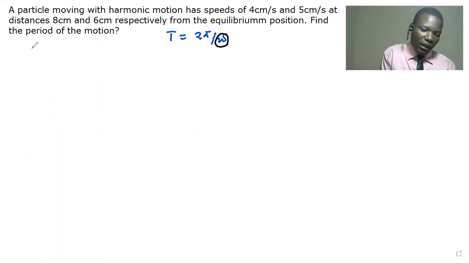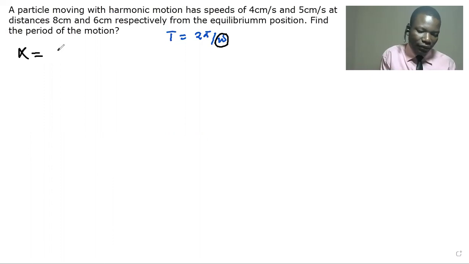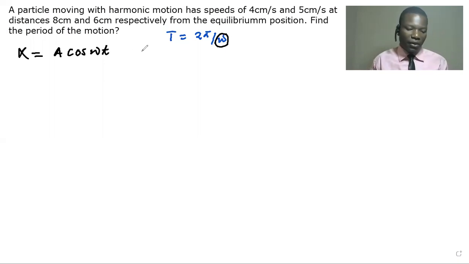We know that the distance is given by amplitude times cosine of omega t. This is how the distance is given. Let this be equation 1. We differentiate this equation for distance with respect to time to find the equation for speed.